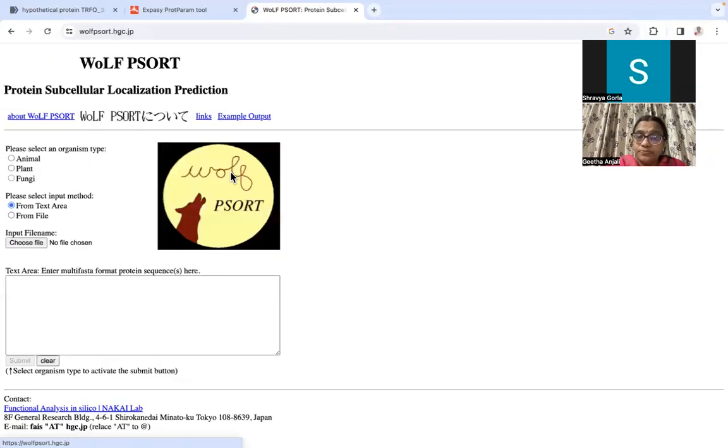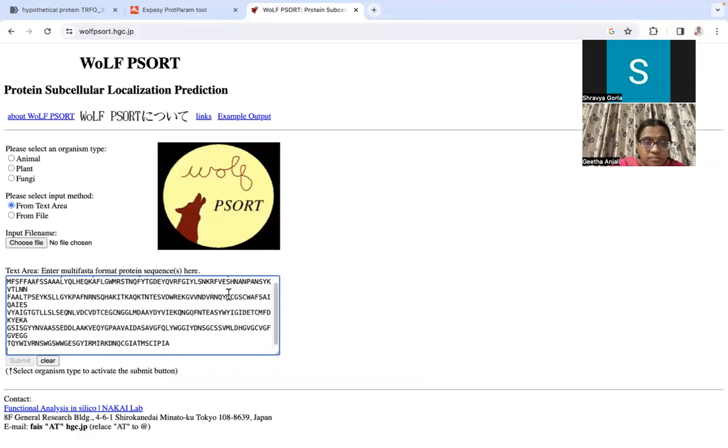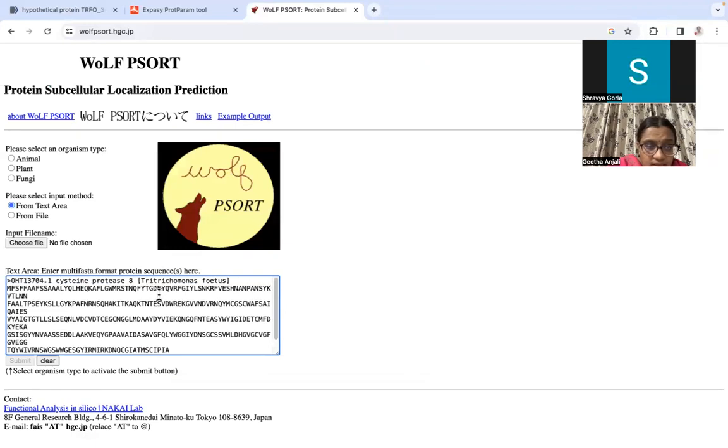So here again, you have to paste your sequence. It says you have to enter multi-FASTA format only, so you can enter your complete sequence with the accession number and all that.